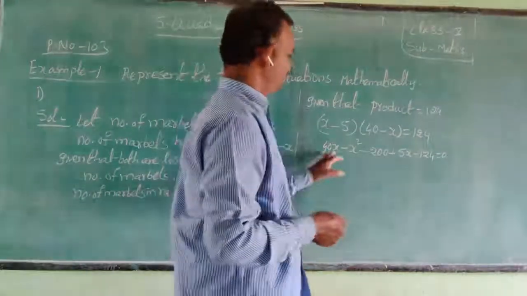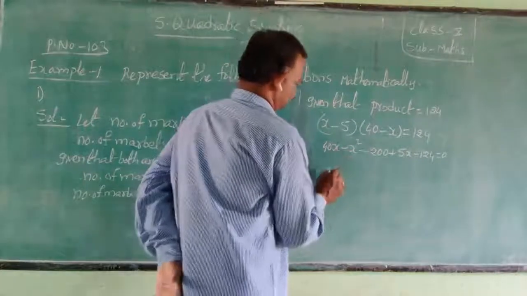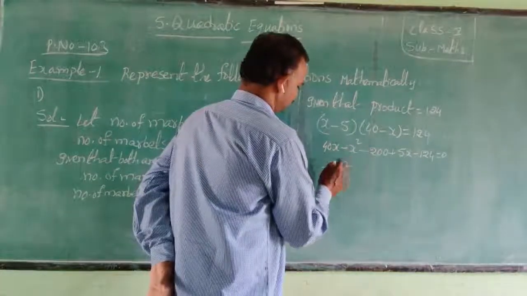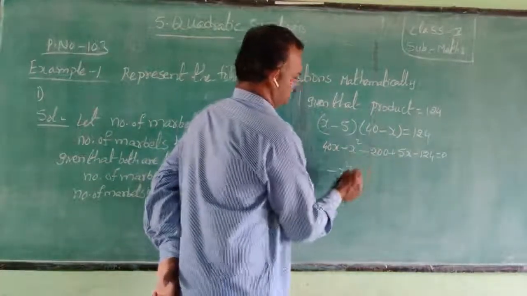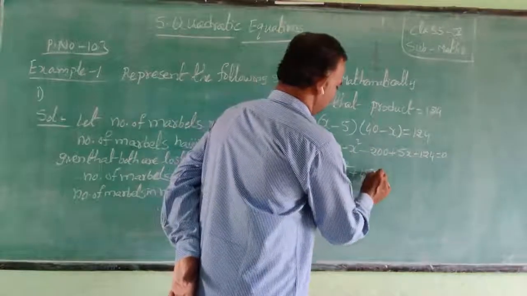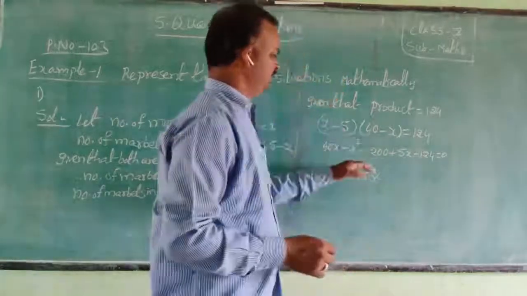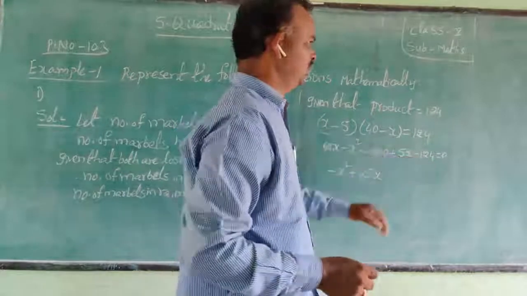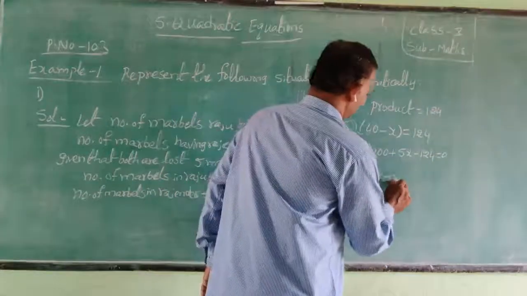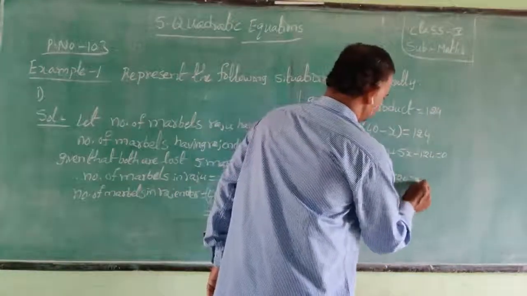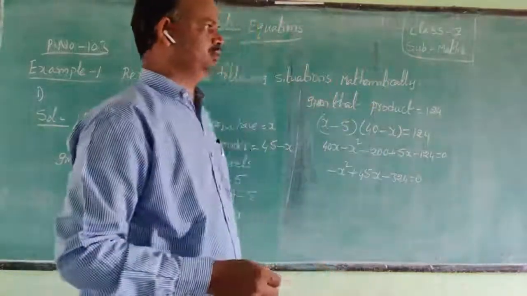Now we are adding similar values. Minus x square plus 40x plus 5x, that is 45x, minus 200 minus 124, minus 324 is equal to 0.